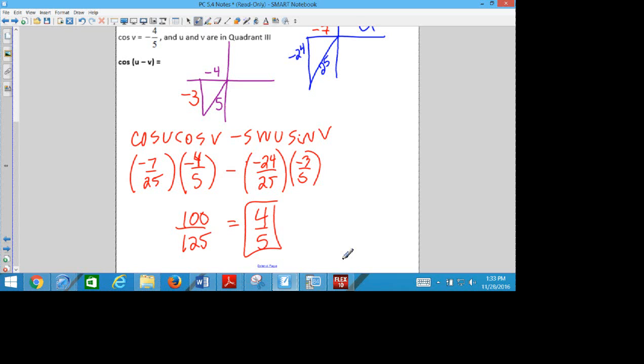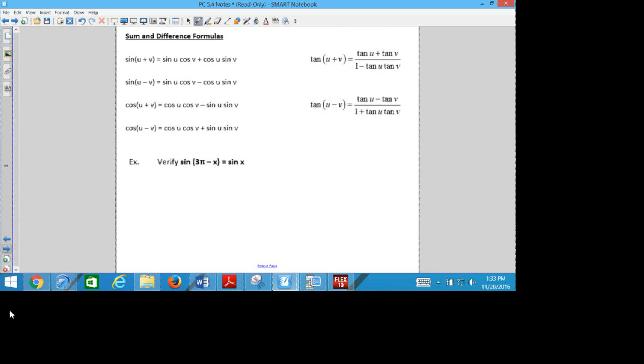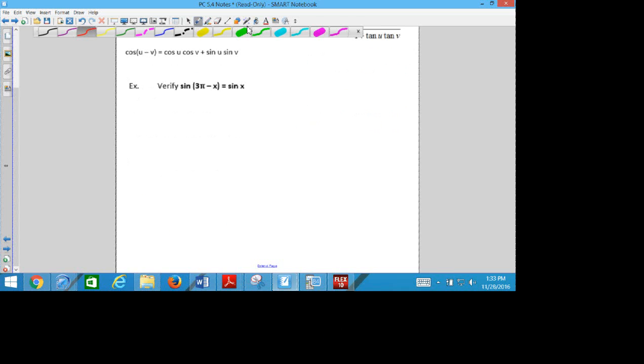All right, we just have one last question. The last question has your favorite word, I say sarcastically: verify. It's like when we were doing all those identities, you had to verify. That means you do all the stuff to one side and show that it equals the other side.